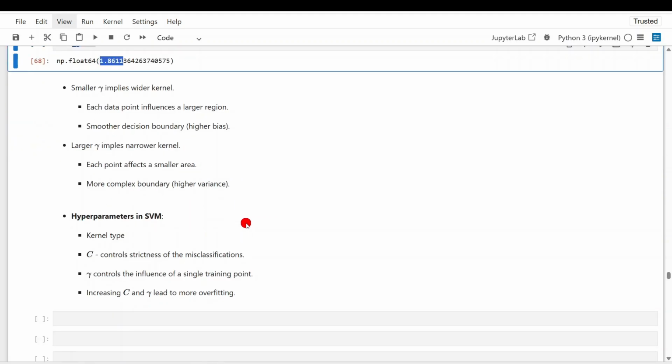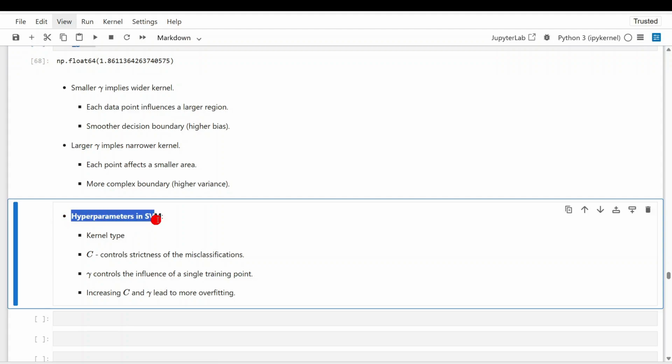So these are the main concepts regarding a support vector machine, which is a very powerful supervised learning algorithm applicable to both regression and classification problems. In a support vector machine, the kernel type is the first hyperparameter, whether it is linear, polynomial, or radial basis function. We have to determine the optimal one.